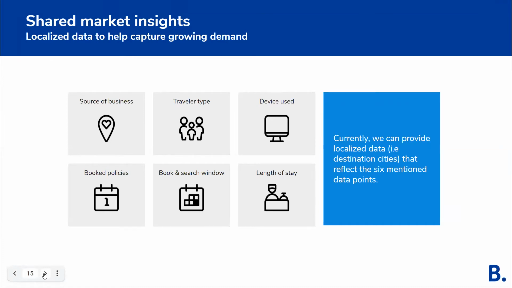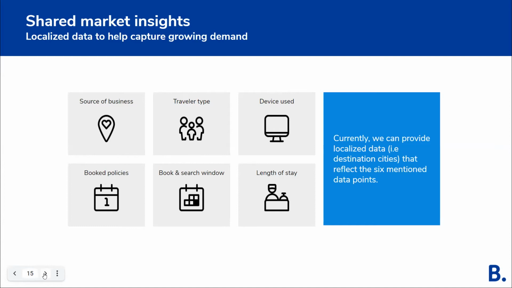So the different segments of what you can look at is you can look at the source of business, which is a really interesting one because this lets you look at which countries are booking into your area. So a good one to keep an eye on for when restrictions are lifted and to see that international travel coming back again.